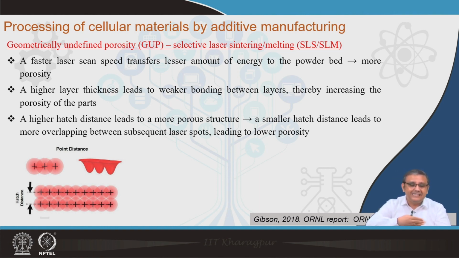If the hatch distance is smaller, that means there is less distance between two depositions, there will be a higher amount of overlapping between individual depositions, and this overlapping will result in a reduced amount of porosity. That means if we increase the hatch distance, the amount of GUP pores will be higher, and if we reduce the hatch distance, the amount of GUP pores will be lower.